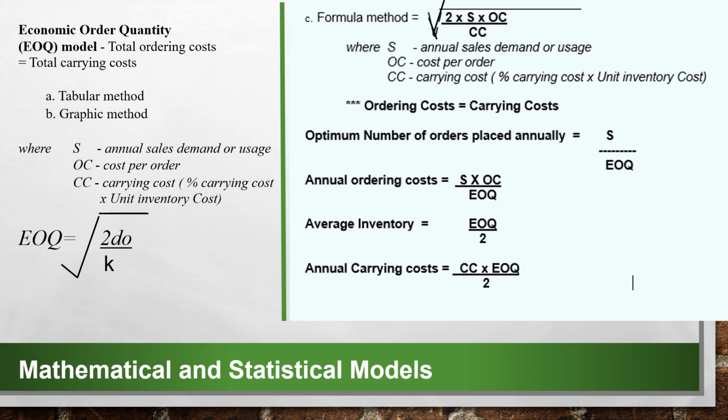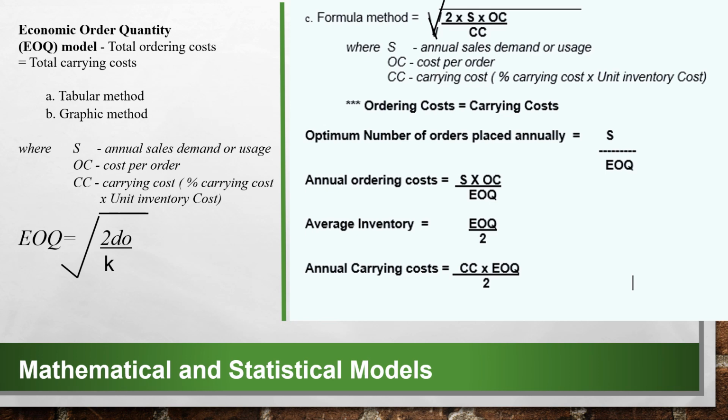This is a mathematical formula, a mathematical model. In the EOQ model, at EOQ, total ordering cost is equal to total holding cost. This can be solved using the tabular method, graphic method, and the formula method. Let's discuss the formula method.